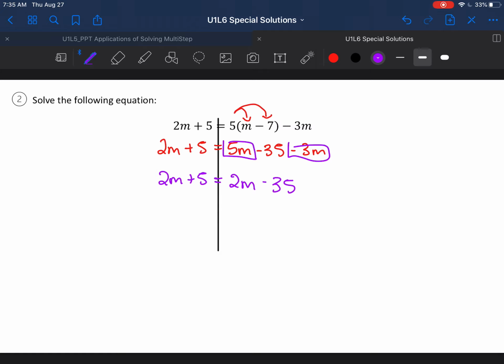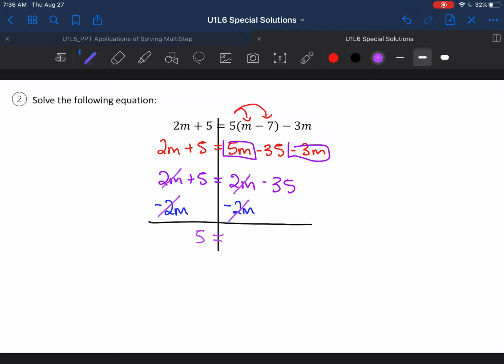Okay, so you can see, so far, we have an equation, and we simplified, and it's not the same, so we already know this is not an identity. Well, once both sides are simplified, if we were to try to isolate the variable, for example here, if I take away 2m to bring all my variables to the left side, we see that we are left with 5 on the left, but 2m minus 2m brings us to 0.